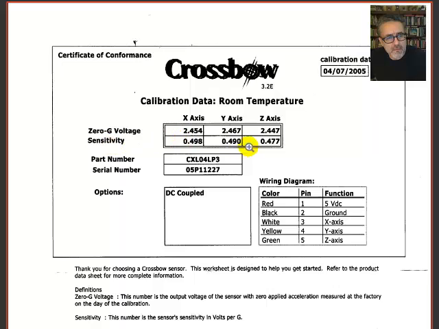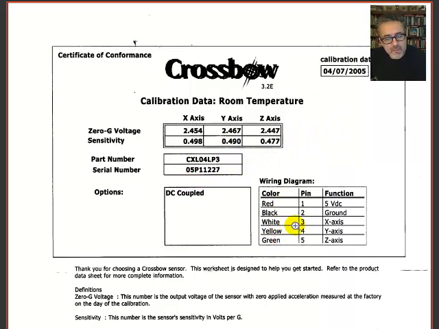And here, look at the sensitivity for each channel, about half a volt, right? But these are the specific values. I have a posting on the course log. You can look up the specific accelerometer that you're using if you want the exact calibration. About half a volt is pretty good.